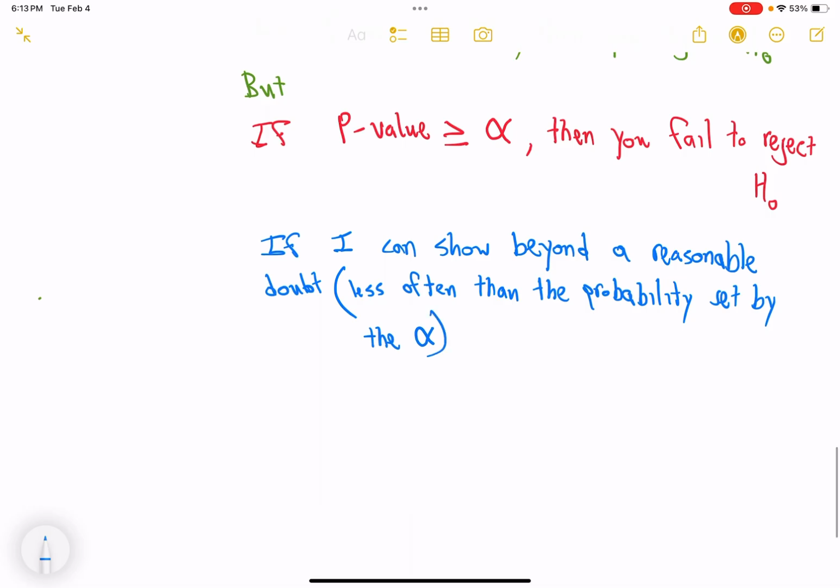Okay, if I can show beyond a reasonable doubt, that is, if I can show that less often than the probability set by the alpha is how often you will get your sample data, then I get to reject the status quo.